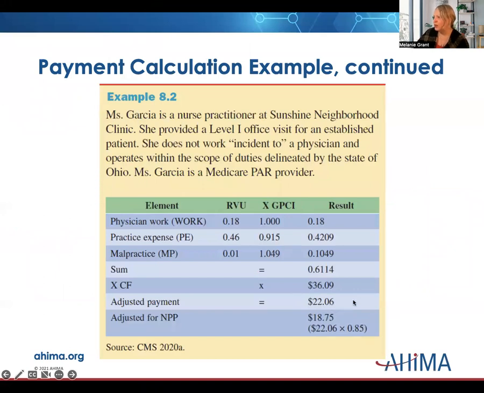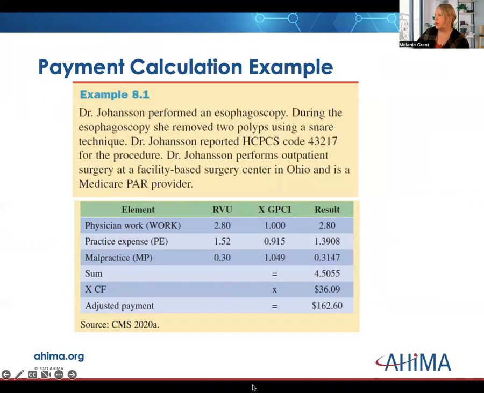And at that point, we look at the fact that our provider, going back to our provider, 36.09. So 4.50 and 36.09. When we multiply this, we come up with the total amount of 162.60, which matches the Medicare amount listed for this code.